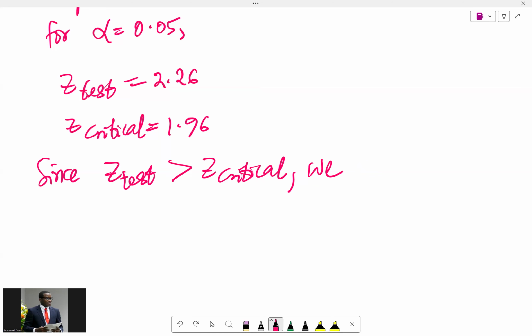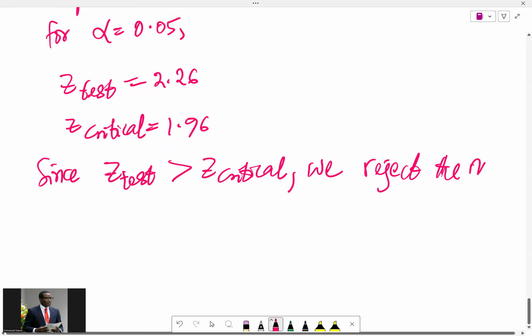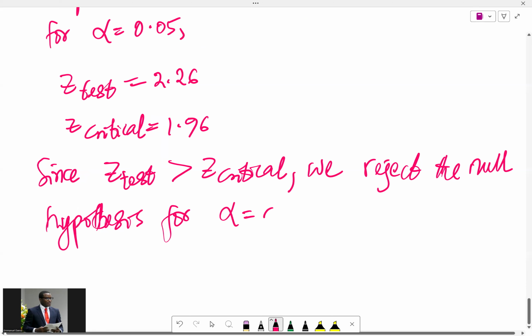If it's less we fail to reject, but if it is greater, we reject. So since 2.26 is greater than Z critical, which is 1.96, we reject the null hypothesis for significance level alpha equals 0.05.